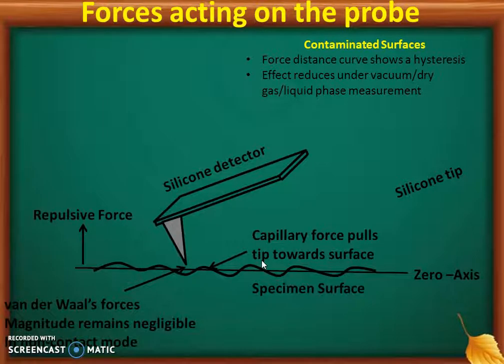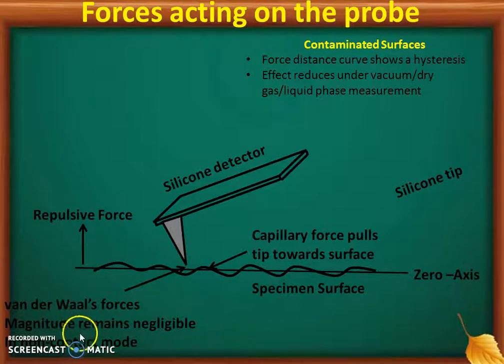You will see the various forces which act during measurement. So this is the sample surface, this is the tip. In between the sample surface and tip, there is a 1 to 10 nanometer gap in case of non-contact mode. In case of contact mode, this gap will reduce and the tip will directly come in contact with the sample surface.